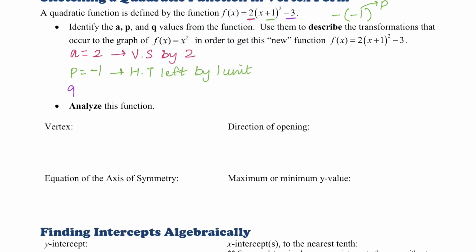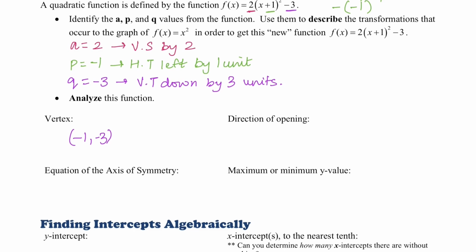Awesome. Now we have q. Q is -3. That means that we have a vertical translation down by 3 units. Awesome. Okay, so our vertex will be -1 comma -3, because p comma q is our vertex. Direction of opening: is it going up or is it going down?